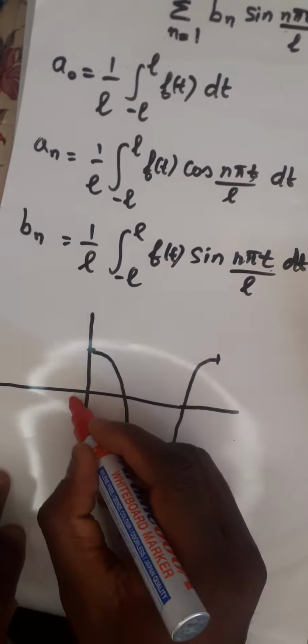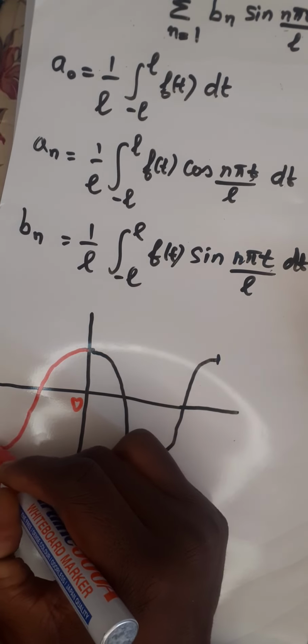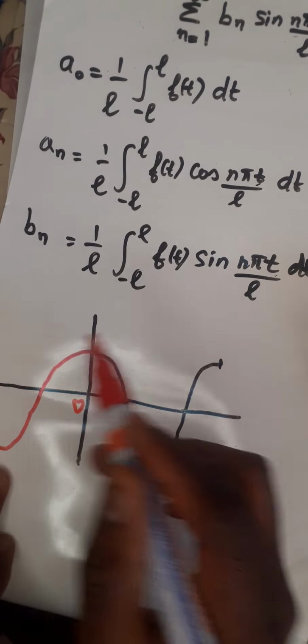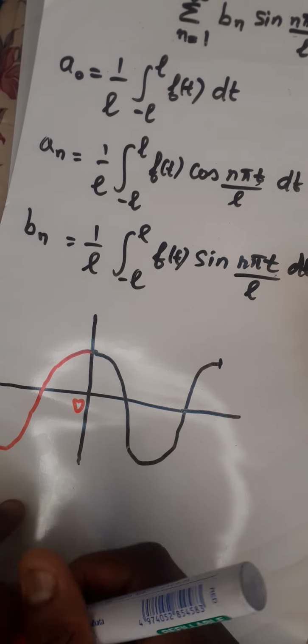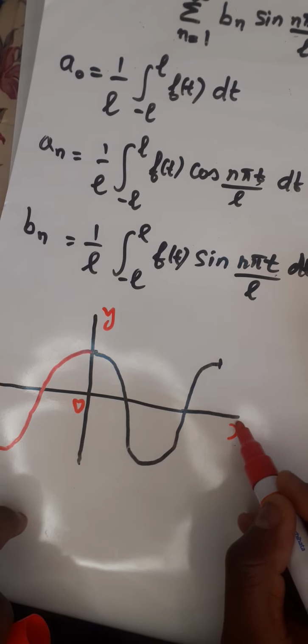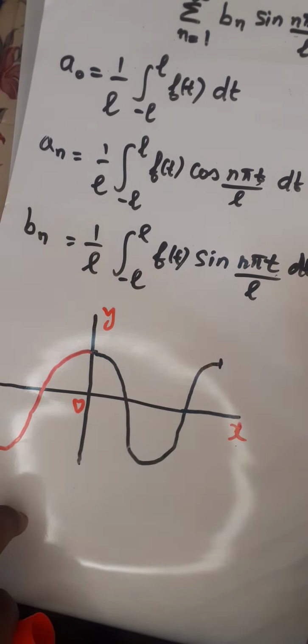You know that from 0 it's 1 there. If it was going this way, even, look at this. This is your y-axis and this is your t-axis. Normally y and x.